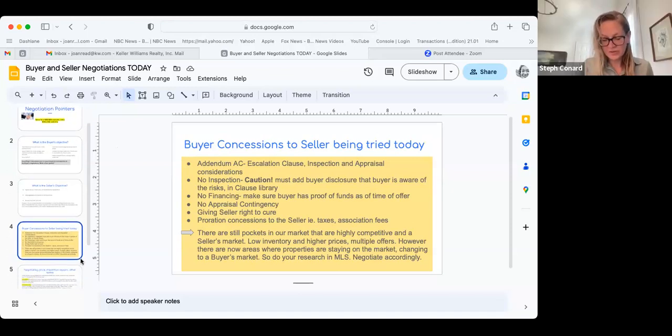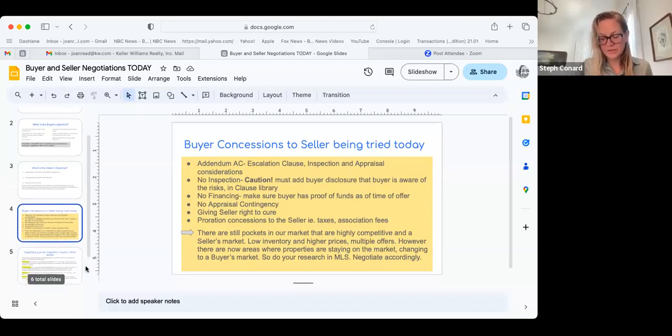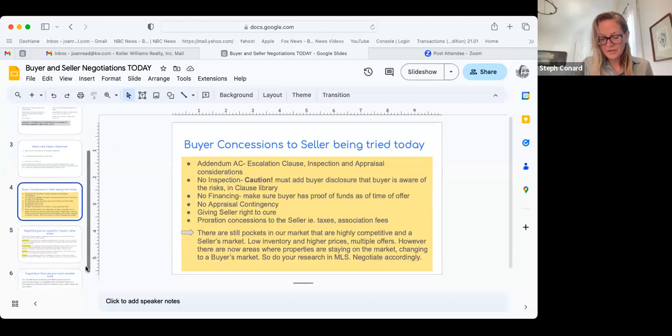I'd love to add here too, we were in Accelerator last week, we were talking, just stressing the importance of having those conversations with the listing agent ahead of time before writing an offer. Besides building rapport, it's finding out what's important to the seller in terms of terms, but also understanding, if you're not writing in competition, asking how many offers are in, which will help inform how you write these offers.